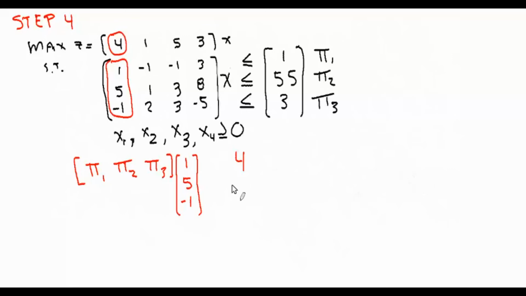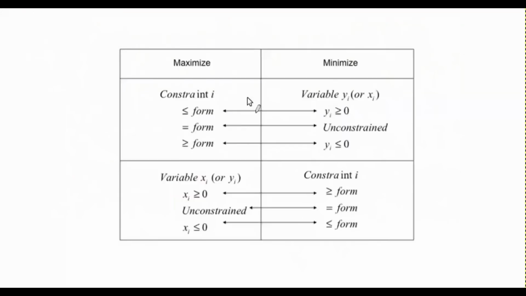Now what we need to do is figure out whether we will plop in a greater than or equal to, less than or equal to, or equal to sign. And to do that, we will consult what I refer to as the primal dual grid. This is the primal dual grid that was in the lecture notes. And the way this works will be illustrated in this problem: we look at the column here, whether it's a maximization or minimization problem. And of course, we're doing a maximization problem in the primal.